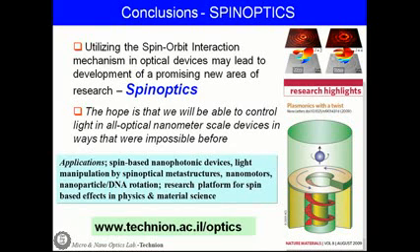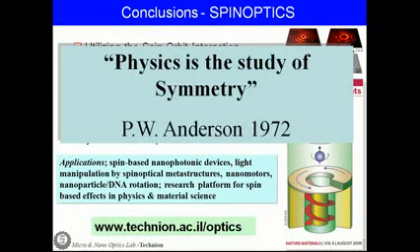And we believe that there will be applications: spin-based nano-photonic devices, light manipulation by spin optical metastructures, nanomotors for nanoparticles, and we have a lot of research about DNA rotation, and of course, it can be a research platform for spin-based effects in physics, in solid state, and in material science.